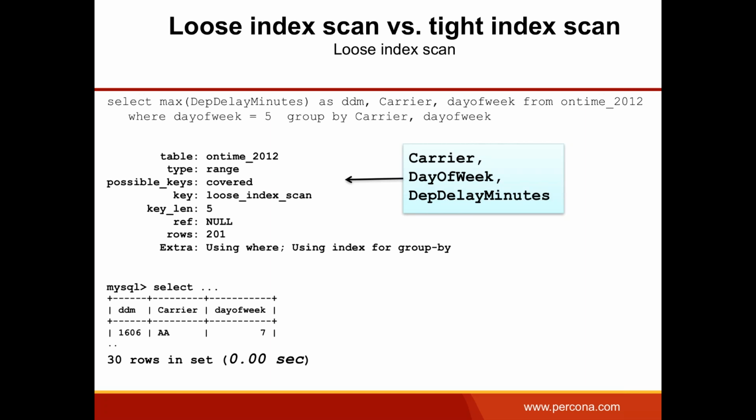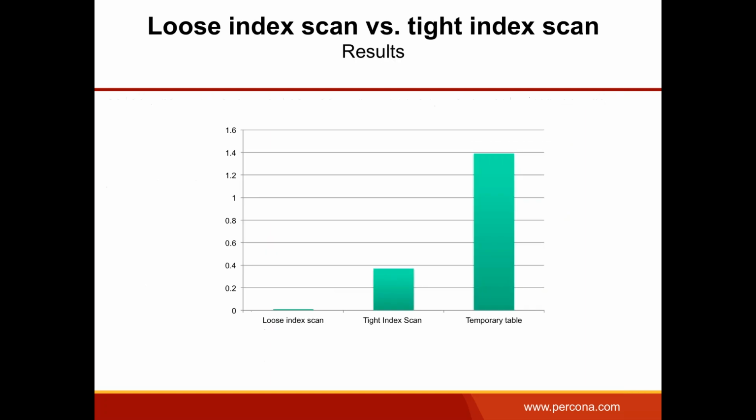Actually, to profile it, we'll need to enable the slow query log with a microseconds precision, or we can use some other techniques in 5.6, for example, performance schema. But here's the example, and I get the actual result, the timing from the loose index scan in milliseconds.